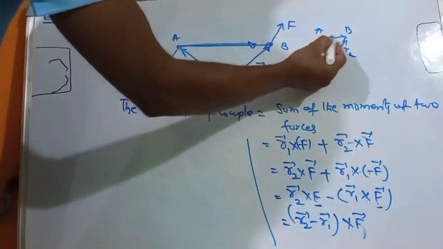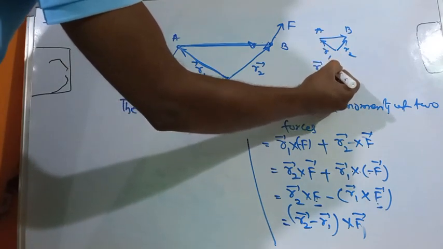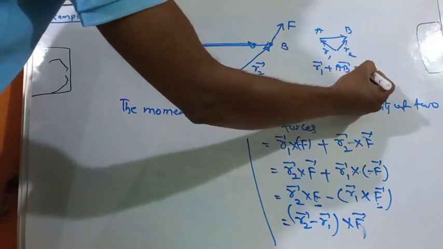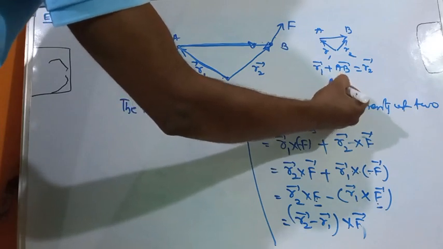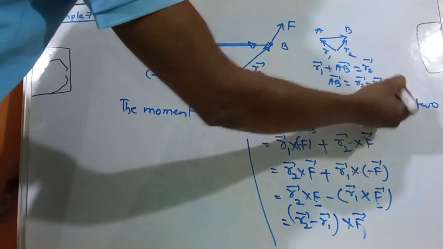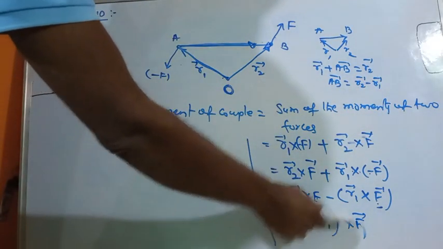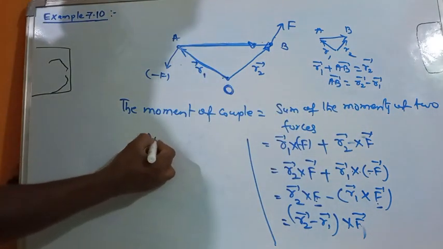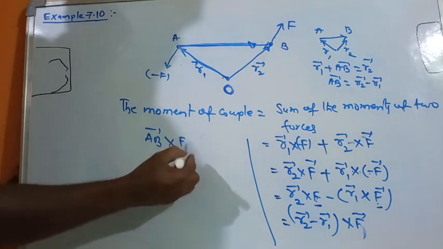These are in the same order, so R1 vector plus AB vector is equal to R2 vector. From that, AB vector is equal to R2 vector minus R1 vector. So in place of R2 minus R1, now we have to use AB. So that is AB vector cross F vector.